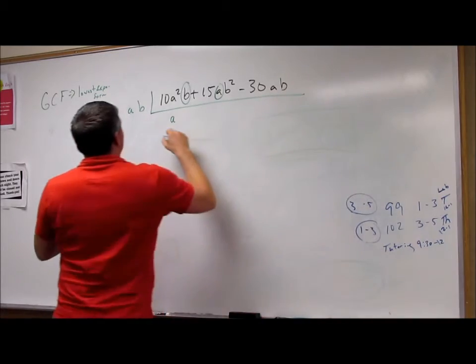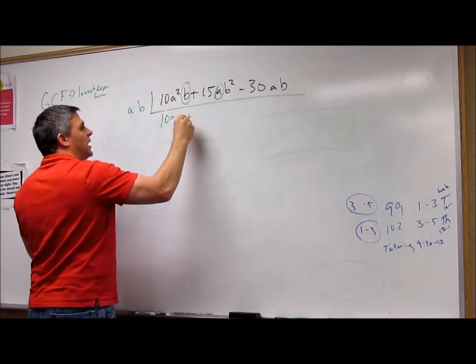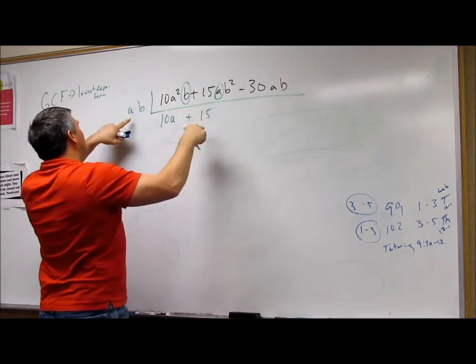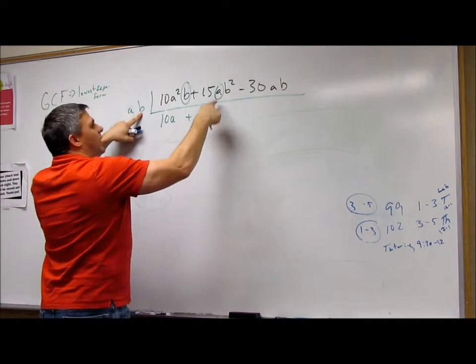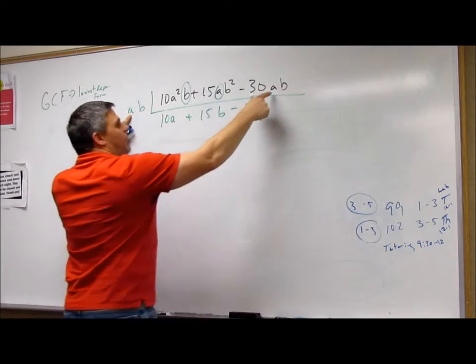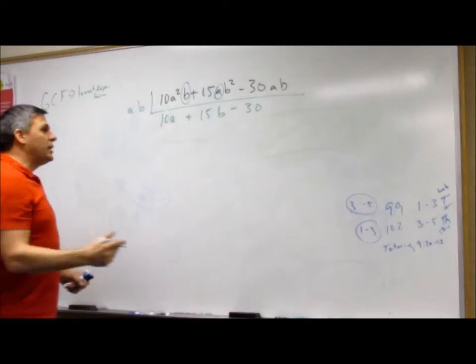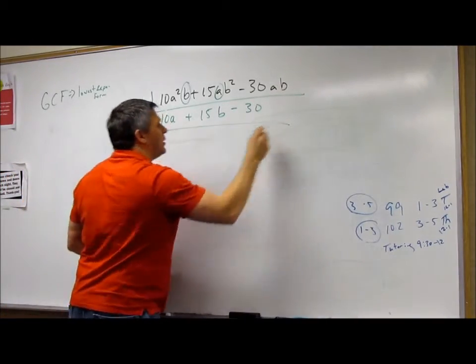Okay? So I've got 10A plus 15. 1 from 1 is none. 1 from 2 is 1. Minus 30. 1 from 1 is none. 1 from 1 is none. Okay? And then I keep going.